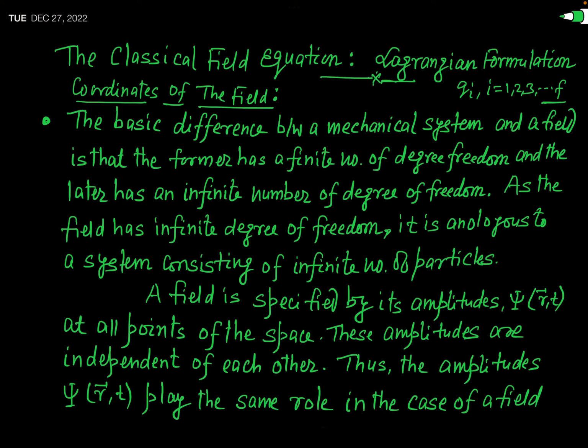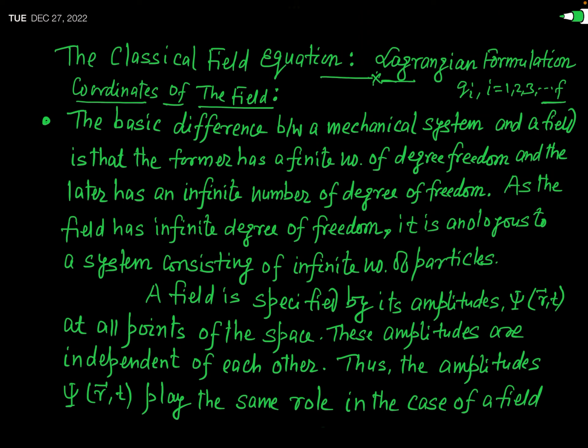Okay. So this is the basic difference in the description of a field and a mechanical system. If you are talking about a mechanical system, you have to consider the number of degrees of freedom finite. But if you are dealing with a field, then the number of degrees of freedom is simply infinite.